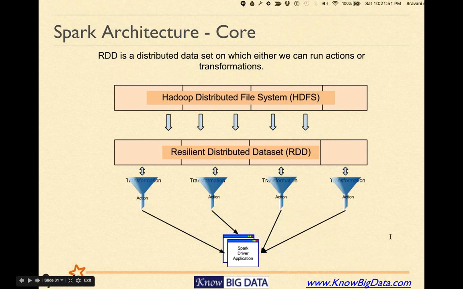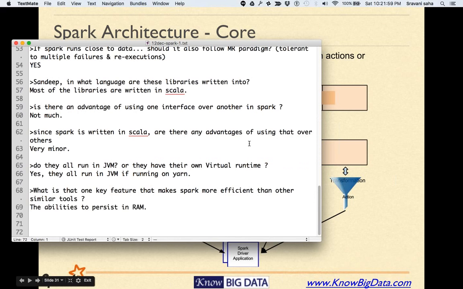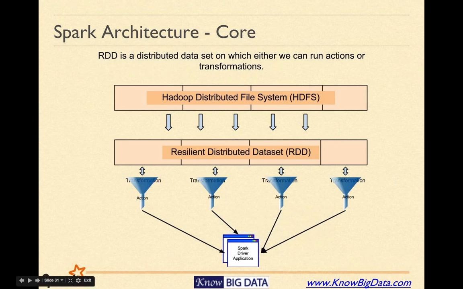Giridhar's question is, what is the difference between dataset versus data frame? Here, when we said dataset, we were talking about Pig, and when we said data frame, we talked about R. The idea I was trying to put across is that whether it's R or Pig or SQL, there was a way of representing data.